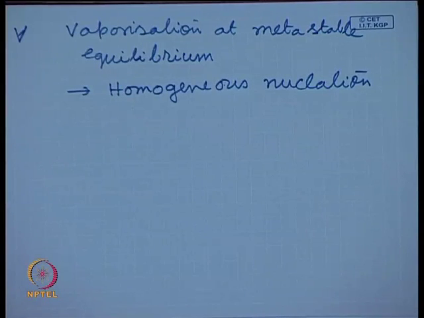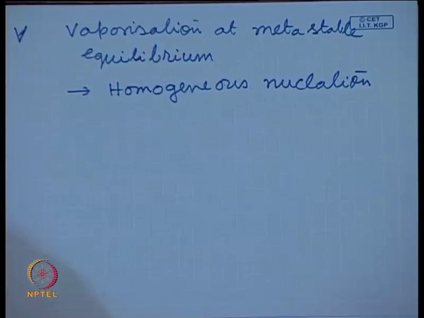Actually, if you make the calculation, you will find that homogeneous nucleation needs a tremendous amount of energy. From the liquid, when vapor is forming, a certain amount of energy is required, because an interface is to be created, and here small nuclei are there. As the radius of a sphere reduces, the surface area increases.